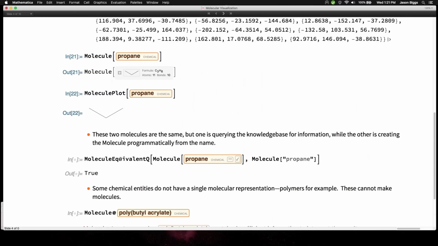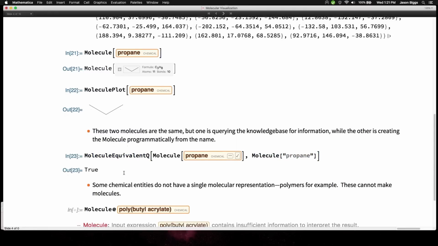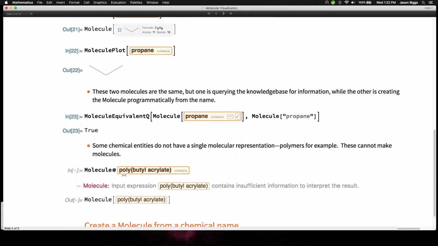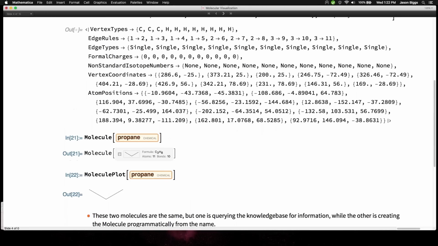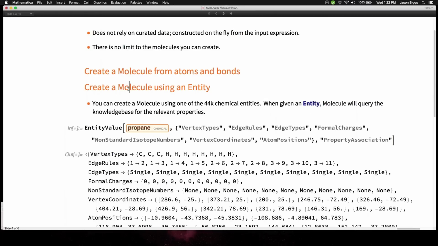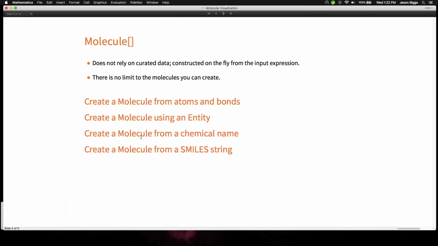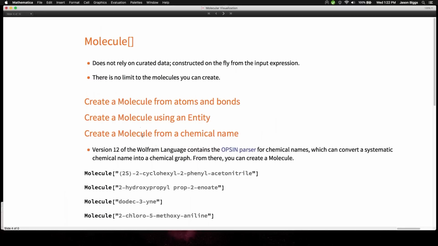You can test equivalence of molecules, so you can create a molecule from the entity or a molecule just from the name propane, and they come back and say they are the same molecule. Some of our entities represent polymers or non-formulaic chemicals, so those don't translate into molecules, and you get a message. There are a few different shorthands for creating a molecule. You can use any chemical name.